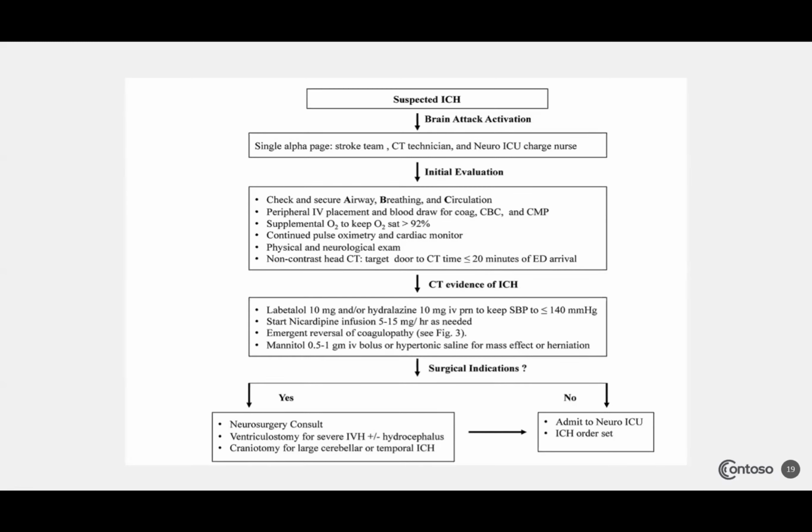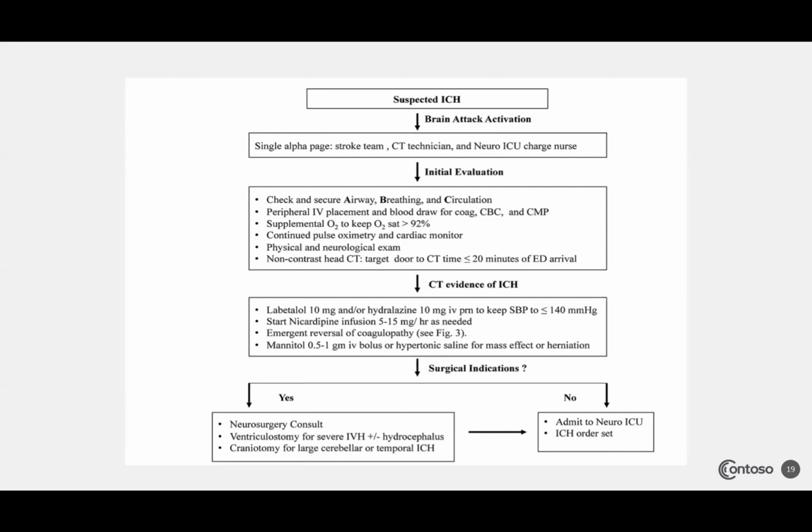If it is a stroke code patient, you save time and the patient can receive thrombolysis therapy later on. If it is an ICH, you are doing a great job because you have to drop the blood pressure. Dropping blood pressure in an ICH patient should continue to lower than 180, and we will go to the targets later on.